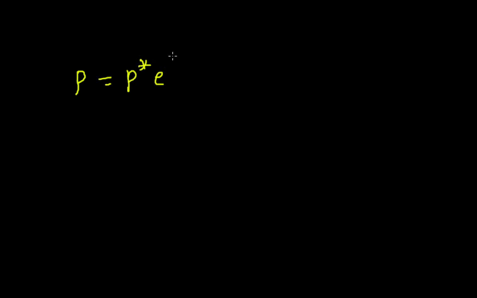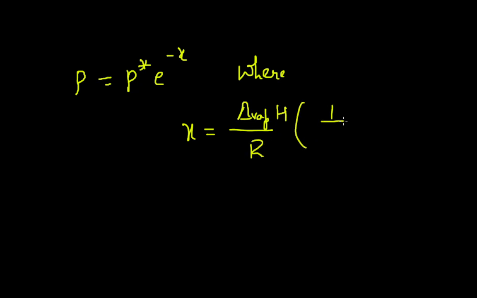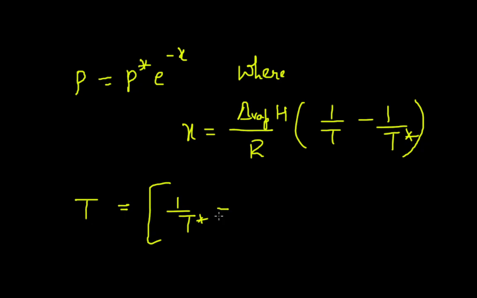Now it can also be seen that your pressure P can be written in terms of P star as P star times e to the power minus x, where x is given by delta vaporization H divided by R, times 1 by T minus 1 by T star. So this was your Clausius-Clapeyron equation. And in terms of T, if you want to find the temperature at a pressure P, you can just play around with the variables here.